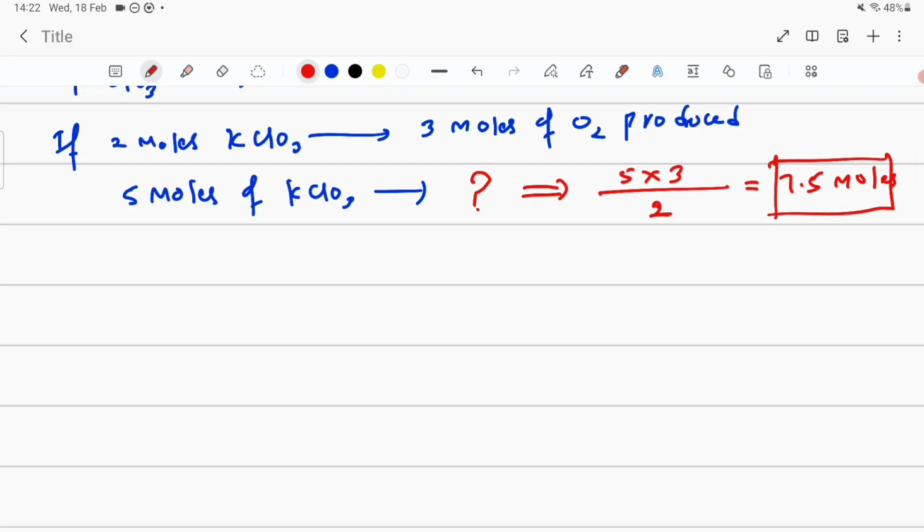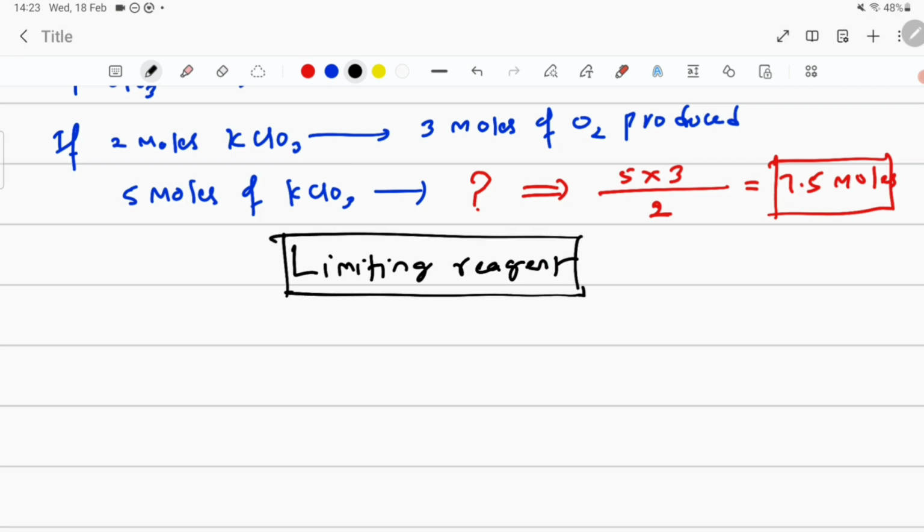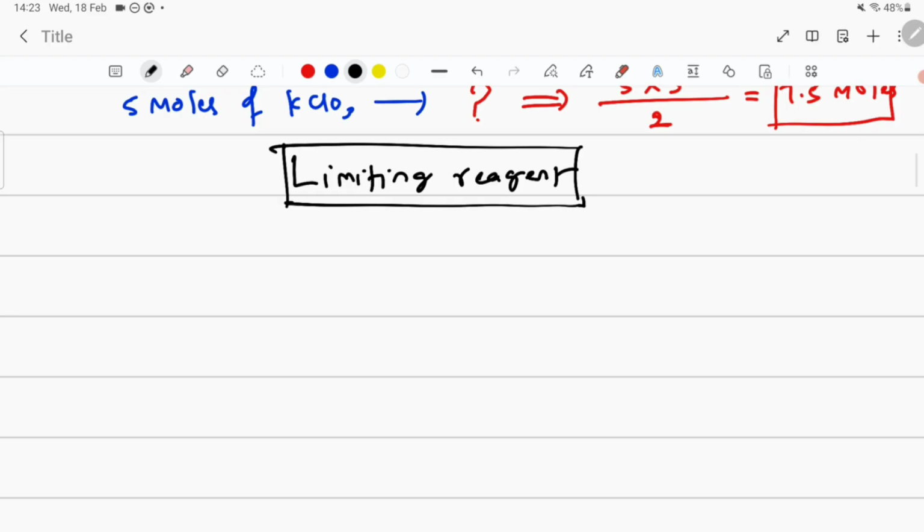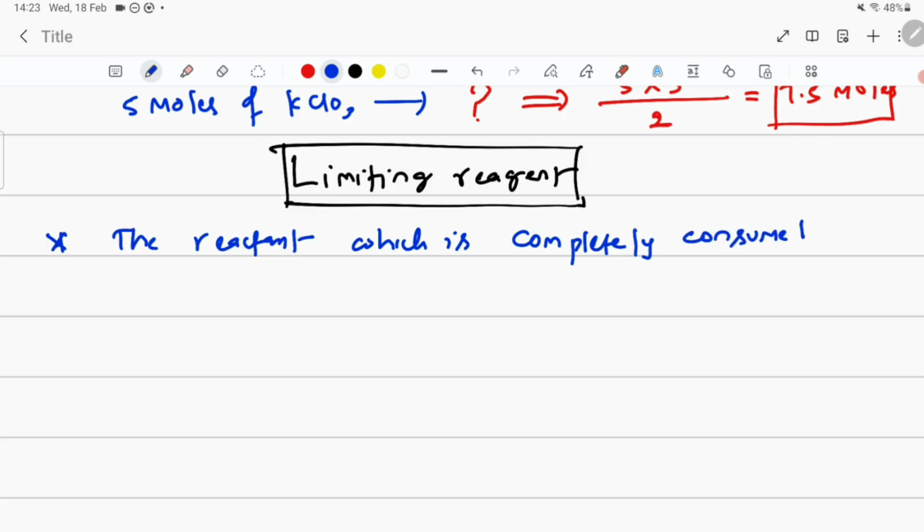Next, moving to the topic that is limiting reagent. Till now we discussed only one reagent. So first of all, what is limiting reagent? Limiting reagent is the reactant which is completely consumed during the reaction.